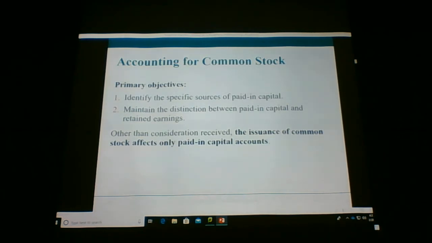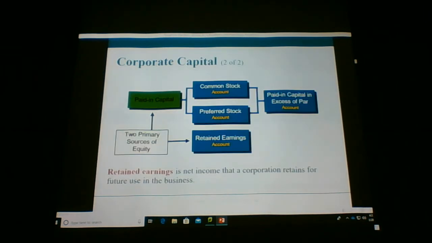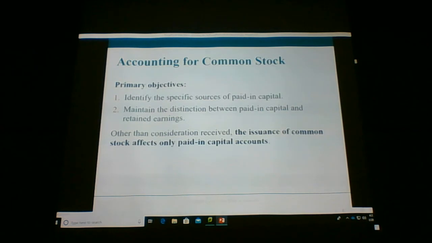Let's see what we have here. On the prior slide, we had those two squares with common stock and preferred stock, and then we broke it down and introduced this concept of paid-in capital in excess of par. So when we account for common stock, identify the specific sources of paid-in capital.